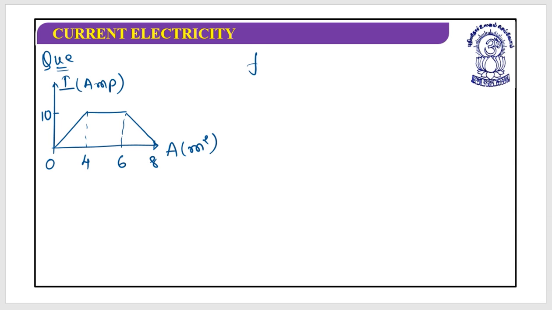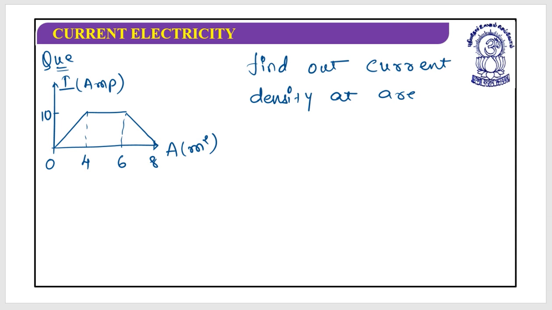The question is to find out the current density at an area of 2 meter square. This is what they require. Now look at this. I have been provided a graph of electric current versus area.